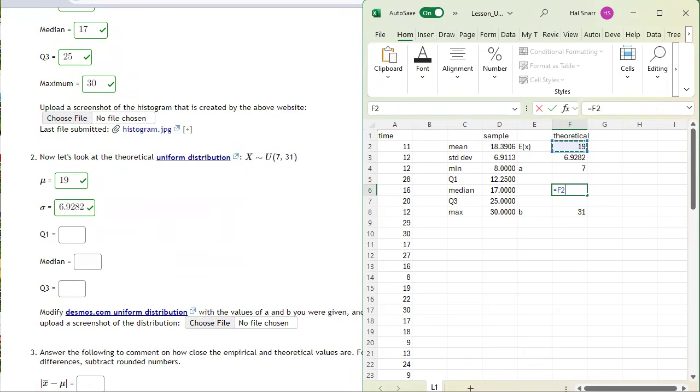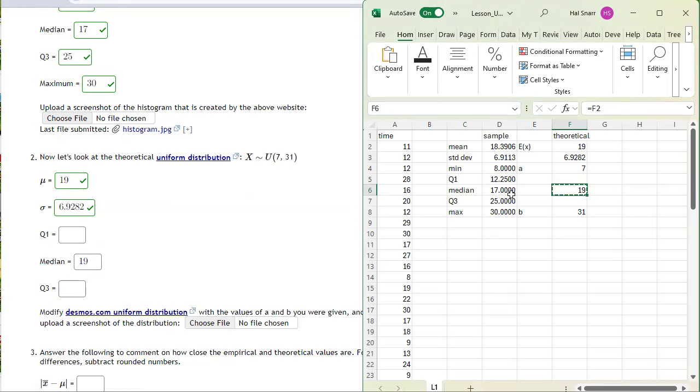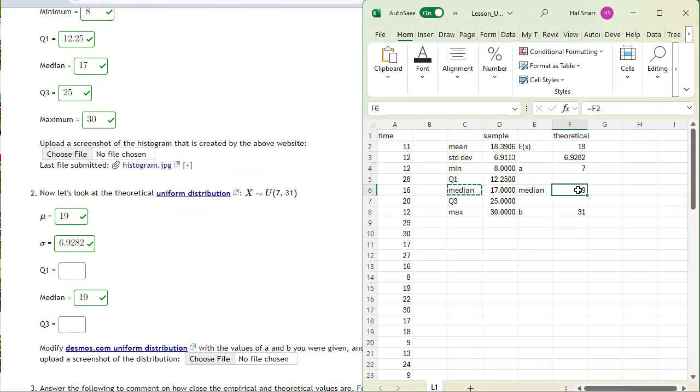The median is going to be the mean because this is a symmetric distribution. 19. And it's pretty close to the sample median, right? Like the median and the mean are the midpoint of 7 and 31. The first quartile is going to be the midpoint of 7 and 19. So I'm going to type equal 19 plus 7 divided by 2, which is 13.